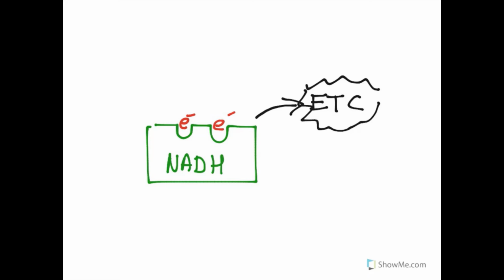Remember, these are like poker chips that are worth something, but you can cash them in for money. So guys, this concludes my last video on the preceding preparations for the electron transport chain. The electron transport chain is where the money is. That's where we're going to make all of our ATP, and that's going to become the last video.